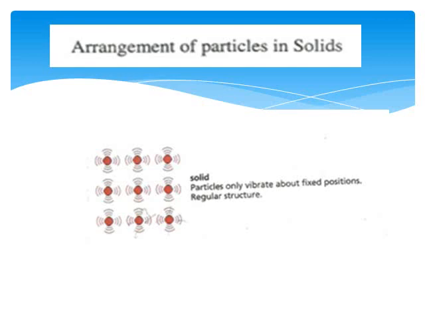That's why the particles are kept tightly together; they don't move, they only vibrate about a fixed position. We call it a regular structure, and we also call it a lattice.